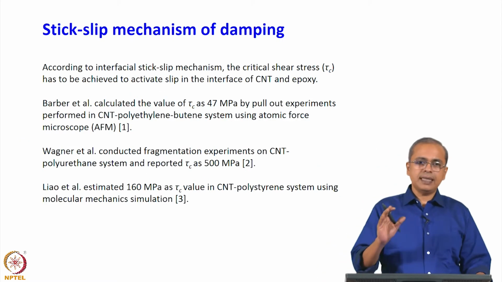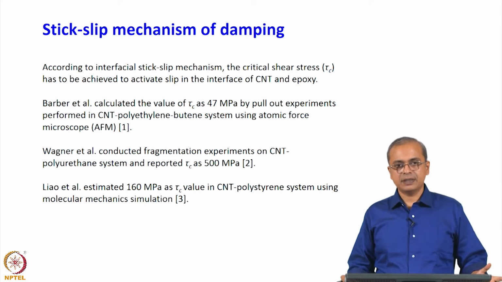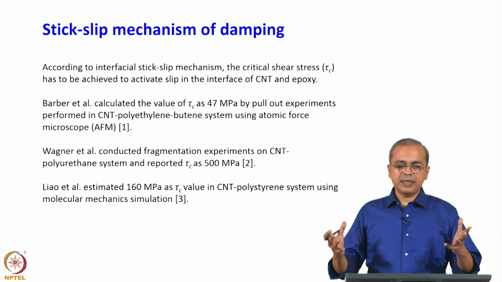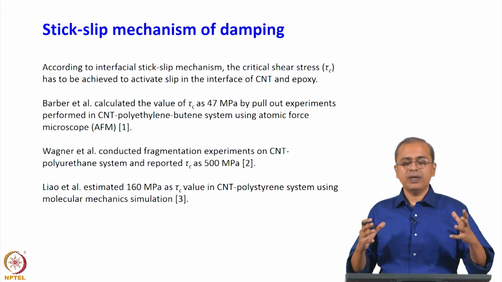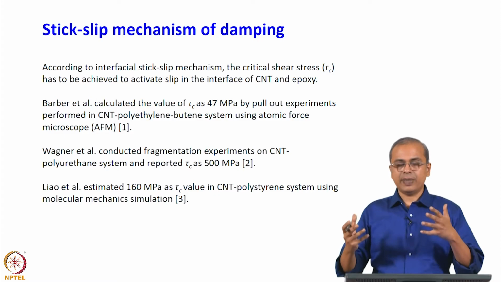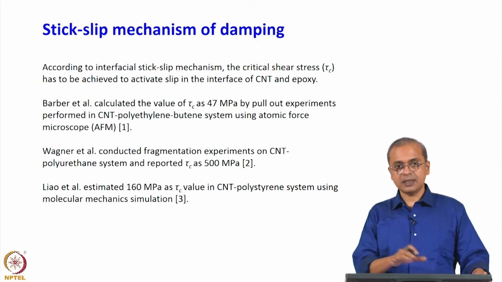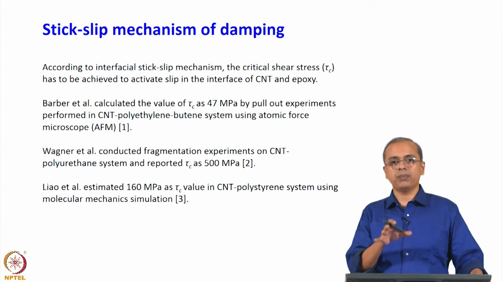To consider what might happen inside this kind of system, there are already some studies in the literature, and they have tried to figure out what kind of stresses are required for what kind of mechanism to become active in systems of this nature, where you have a CNT in a polymer.